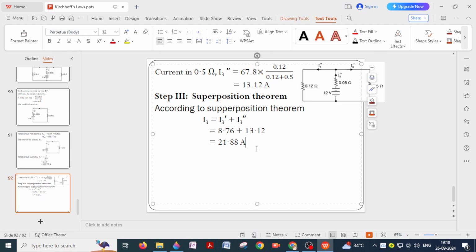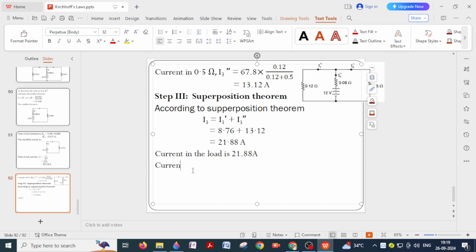So the current due to both sources, the current in the load, is 21.88 amperes.